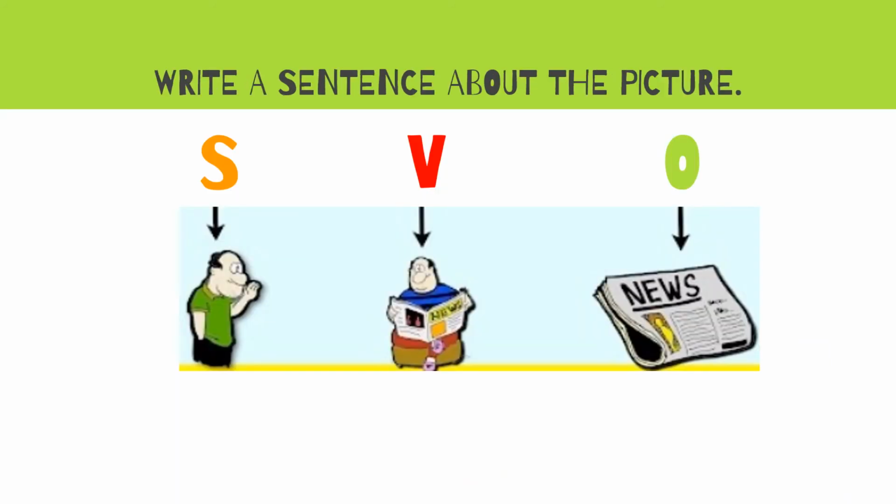Now, I want you to have a go. Can you write a sentence about the picture? Think of the subject, think of the verb, and the object. Now, I'll have a go too. The subject here can be the man.